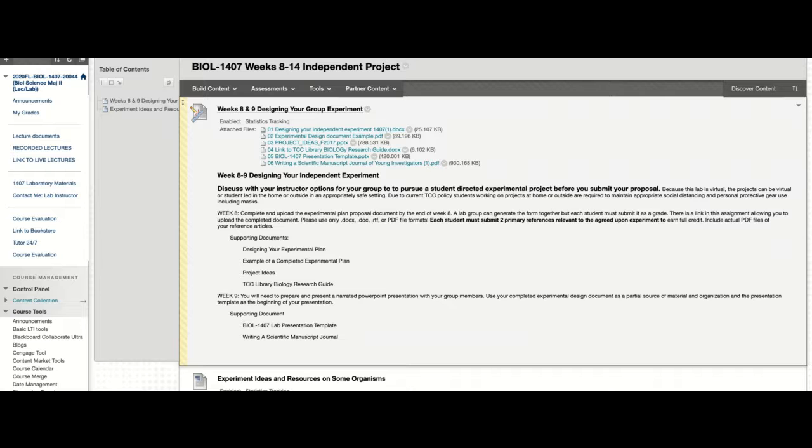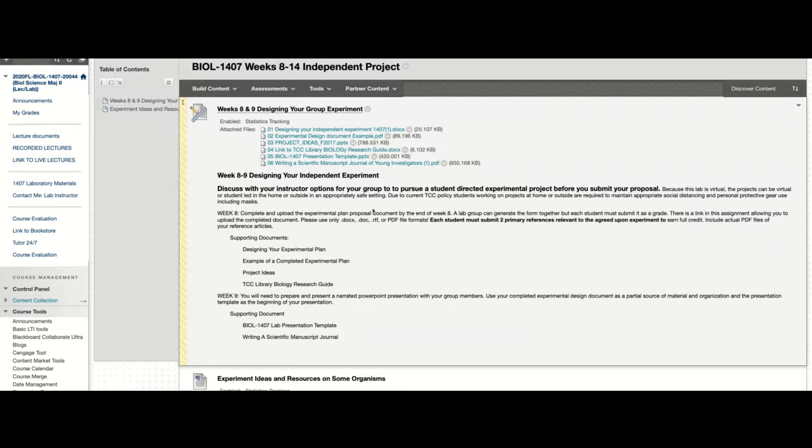Your group needs to get in contact with me to make sure you understand what kind of experiment you're doing, that it falls within the realm of Bio 1407, and that it is scientifically sound, so that you're conducting an experiment that makes sense within the scope of general science.